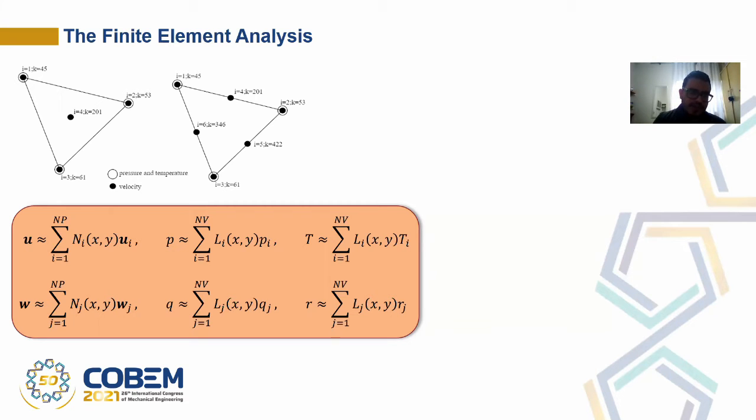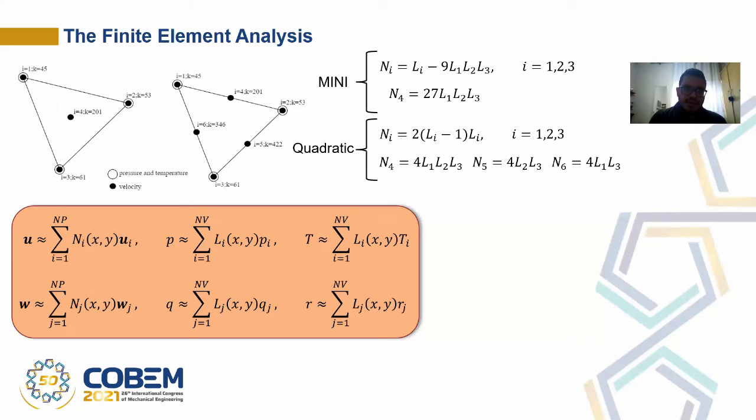And here are the interpolations for the discretization of the variables like u for velocity, P for pressure, and T for temperature, and their respective weights. Since we do not use the linear element, here we have the shape functions N as a function of L, which are the linear element shape functions.